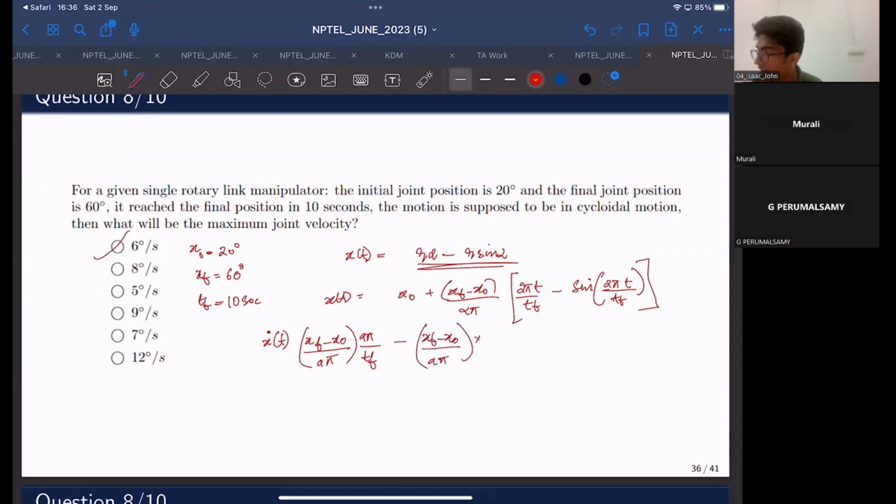And if you are taking the derivative of sine 2 pi t by tf, it will be cos 2 pi t by tf, the whole multiplied by 2 pi by tf.